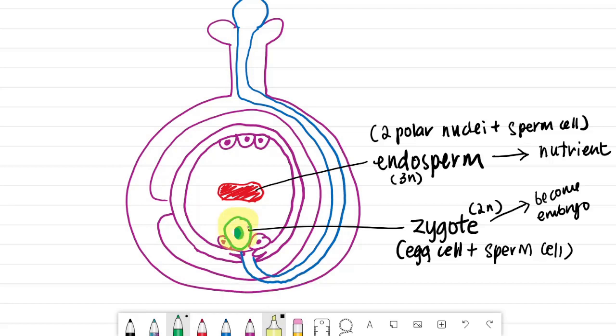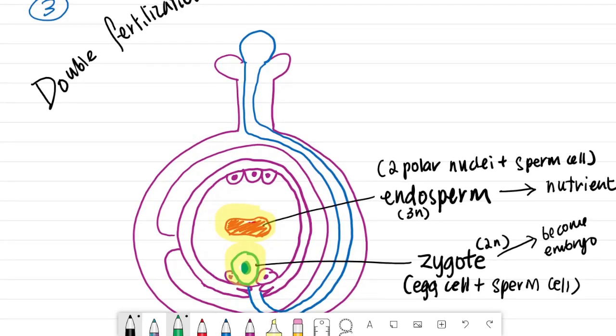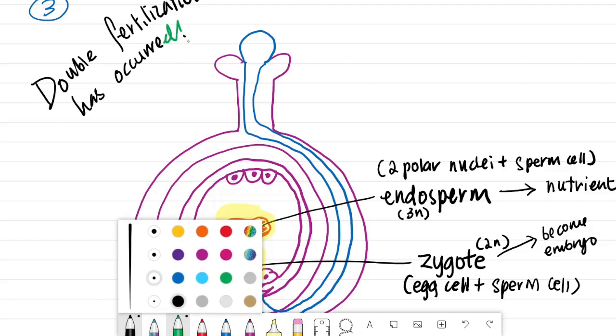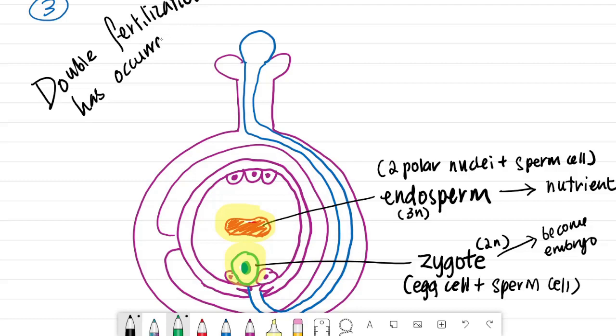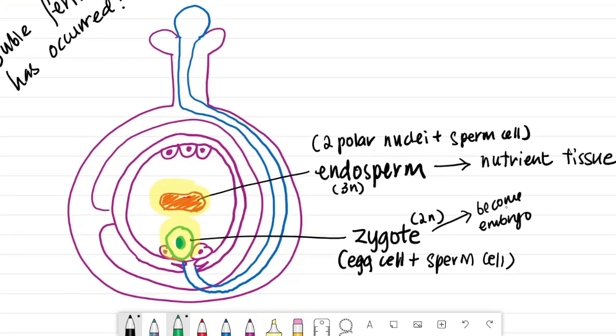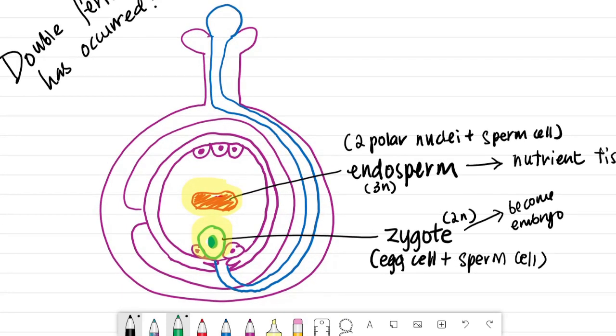And as you notice, there is one fertilization here and one fertilization here, which is why it is called double fertilization. Here is where double fertilization has occurred. And there you have it.